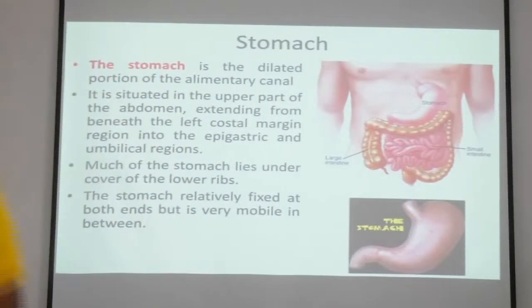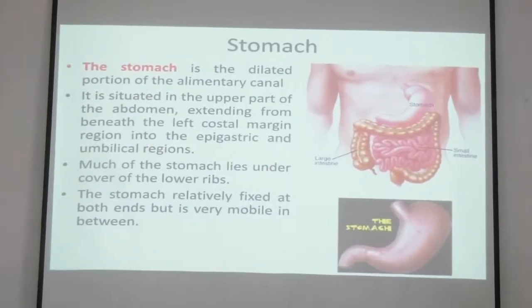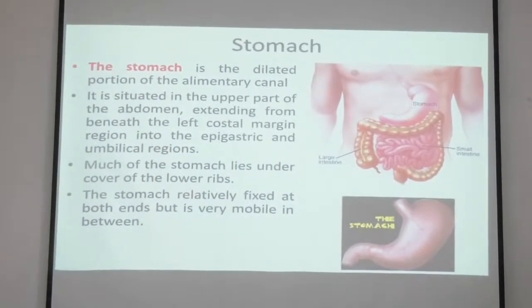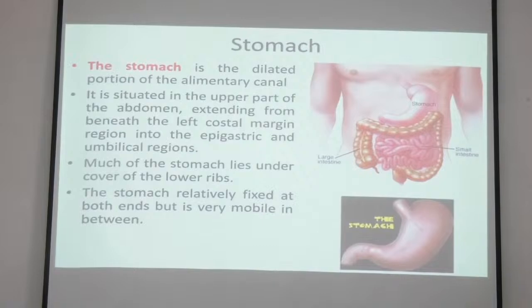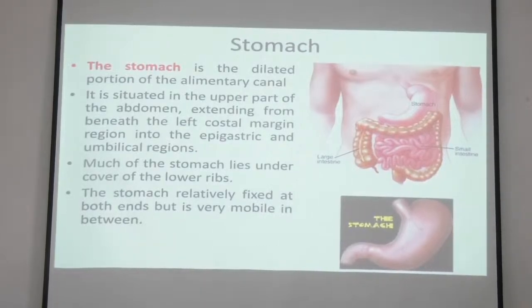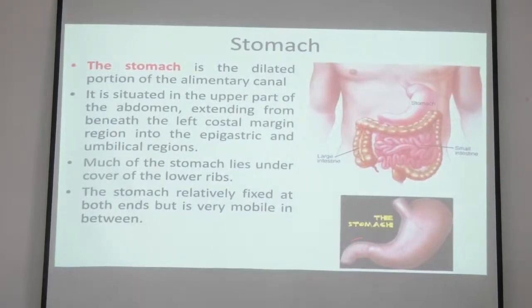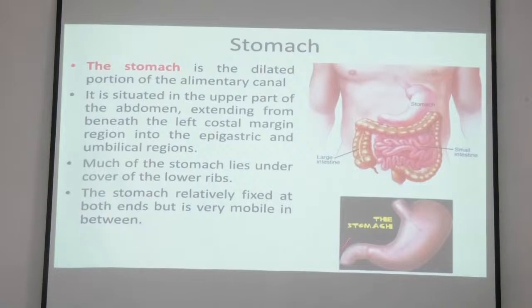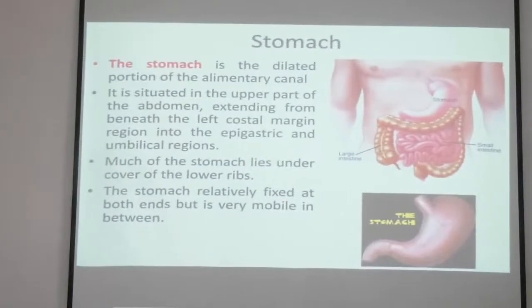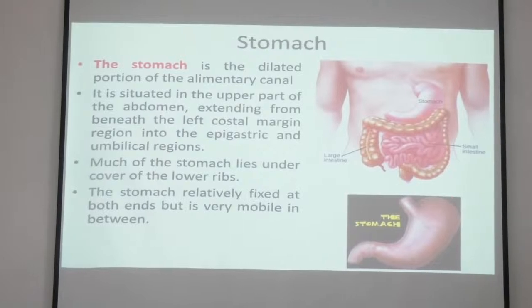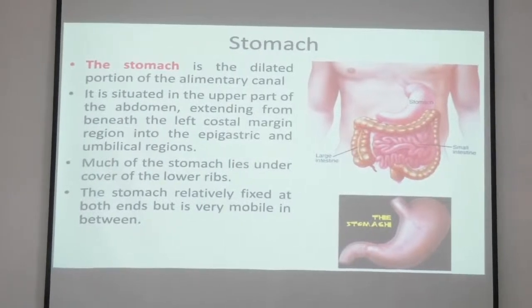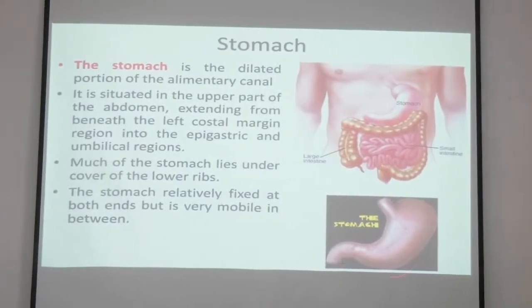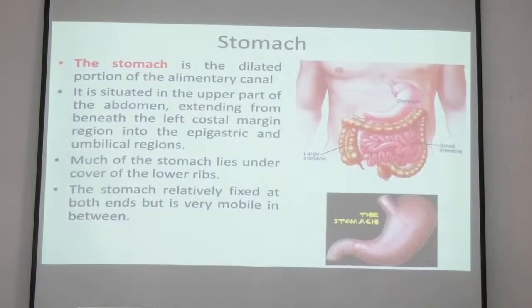Much of the stomach lies under cover of the lower ribs. The stomach is relatively fixed at both ends, that means near the cardiac end and near the pyloric end. But it is very much mobile in between. This part is mobile and it gets distended during eating food or any liquid.